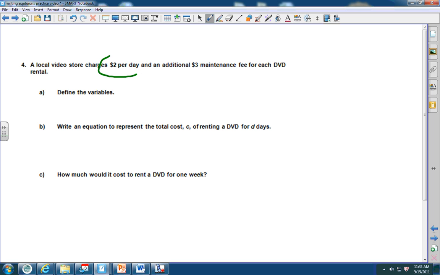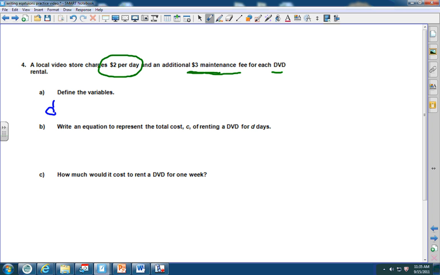Right here, I've got $2 per day and a $3 maintenance fee for each DVD. Now see, there's that mess up with the each, but you have a maintenance fee. Okay? Now, to define your variables, what are the things that we're talking about?